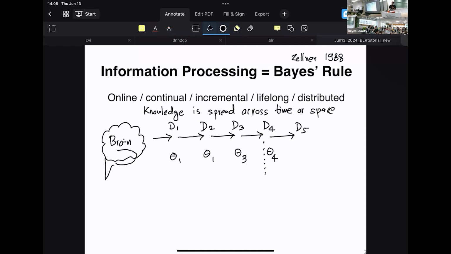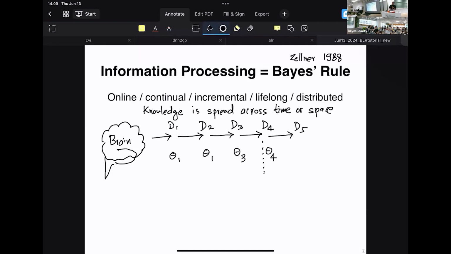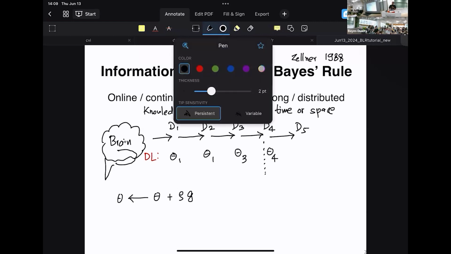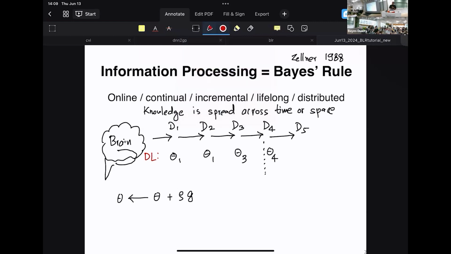Okay, so to make this a little more concrete, these kinds of algorithms, let's call them deep learning, will have an update like theta is updated using some kind of gradient. And the nice thing in this setup is that you are adding something.